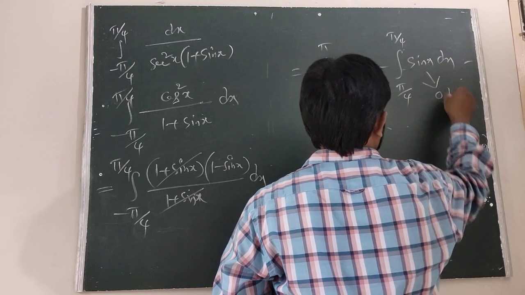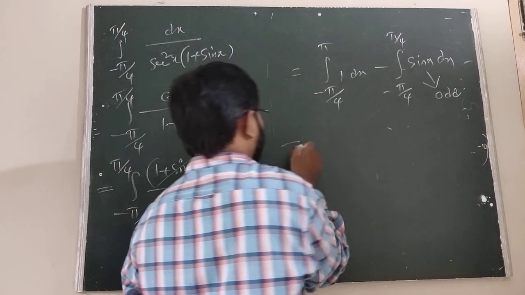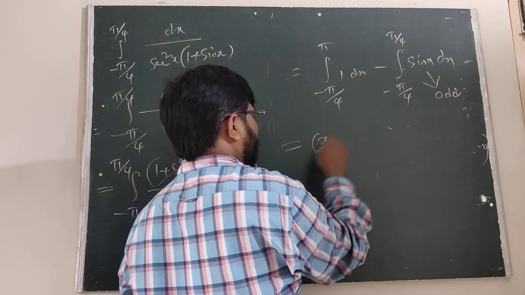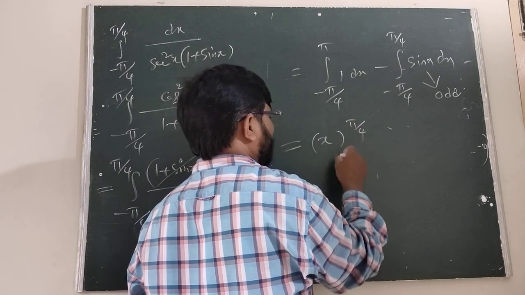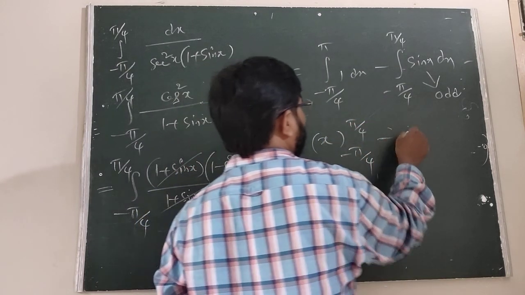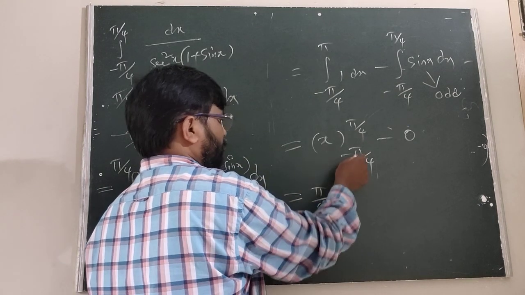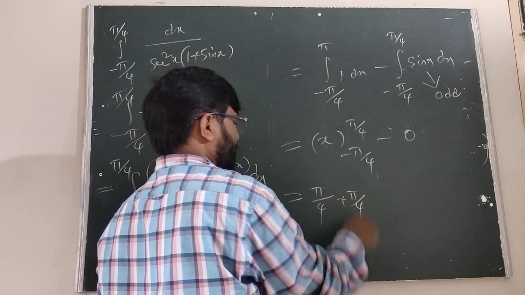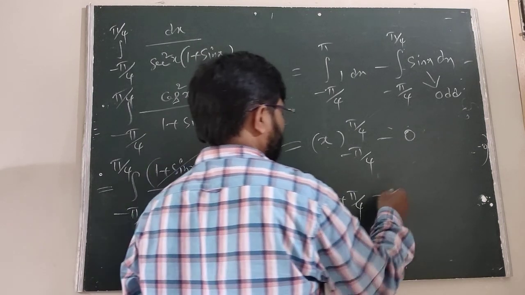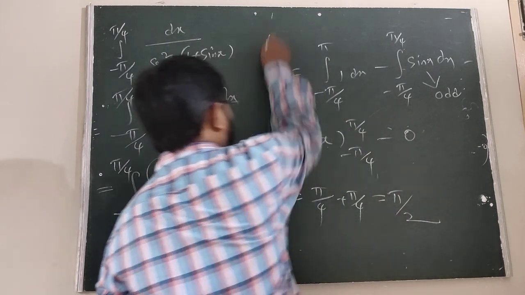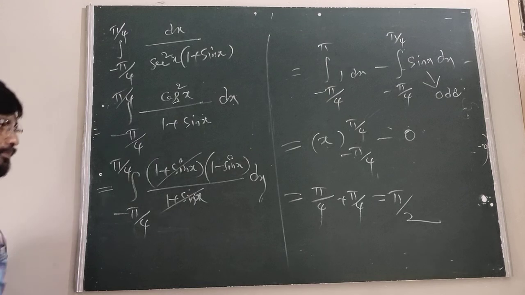This is an odd function. Therefore, the integral of 1 dx is x, pi by 4 minus minus pi by 4. Therefore, we can write pi by 4 minus of minus plus pi by 4. This is pi by 2, the required answer. Okay?